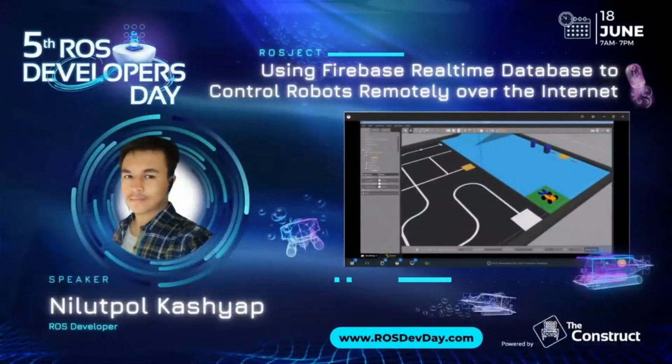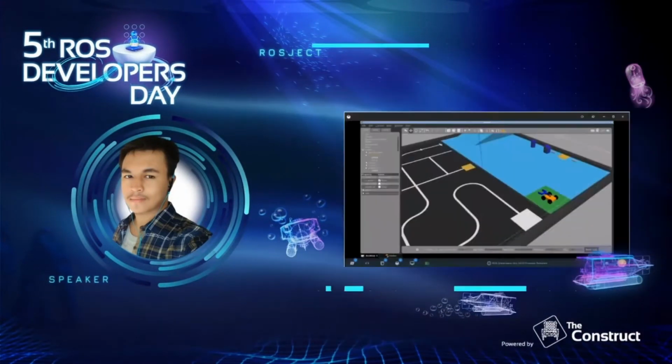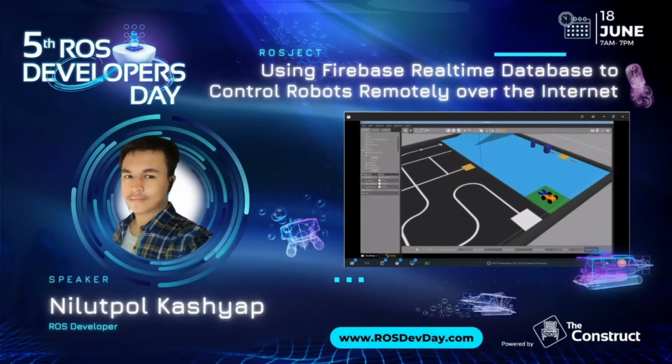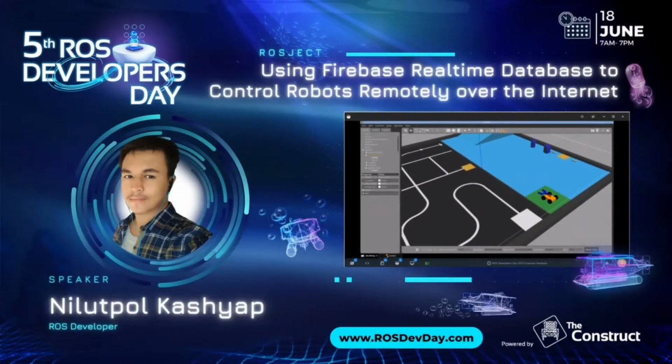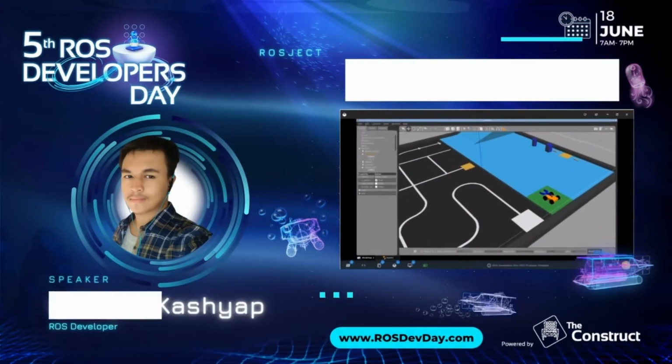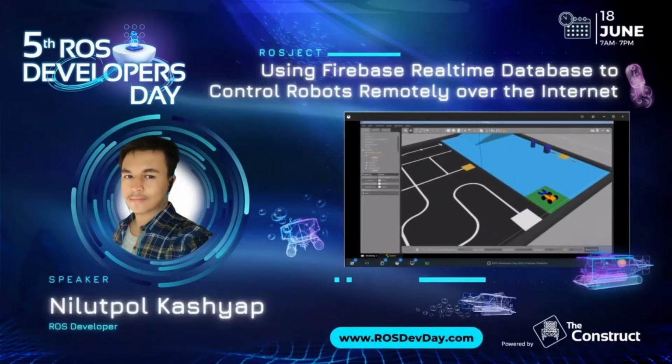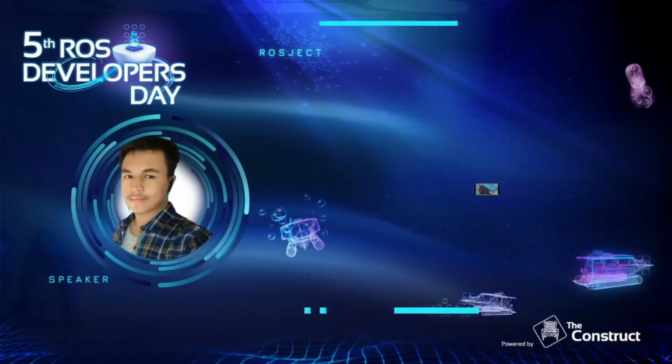The speaker hitting the stage is Nilutpol Kashyap, a ROS developer eager to show us what he has been developing for ROS. He's going to show us an interesting method to control robots remotely over the internet by using the Firebase real-time database.